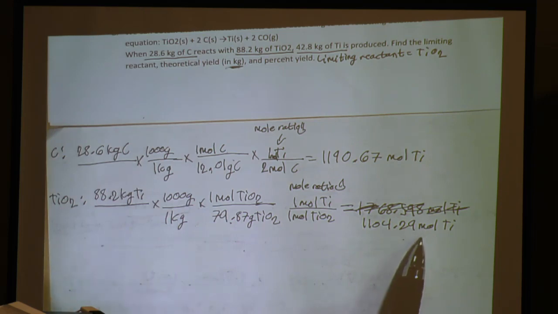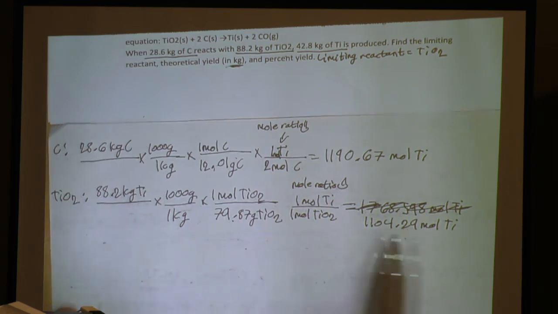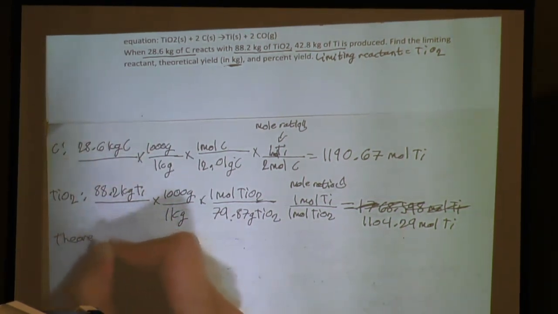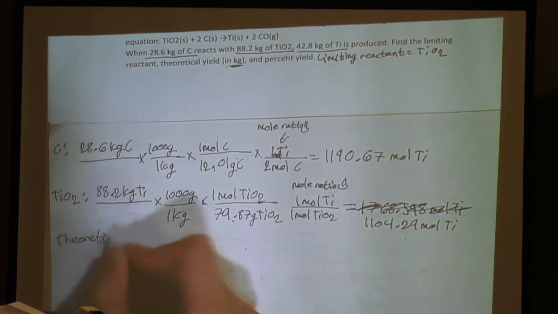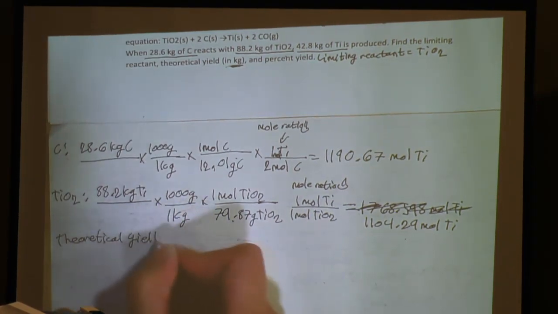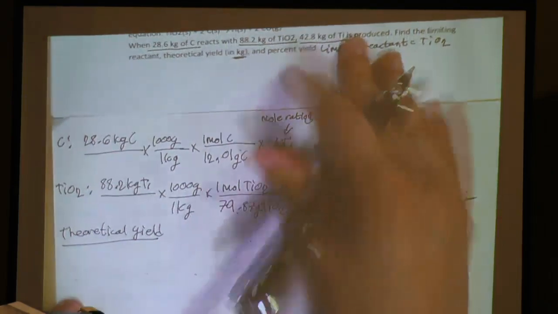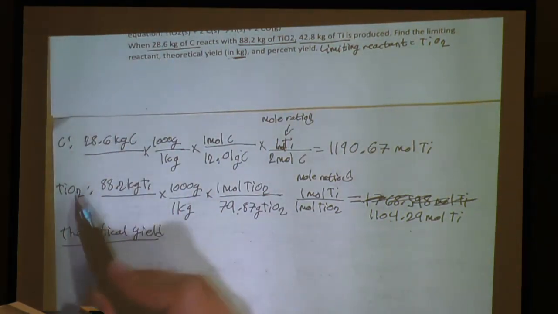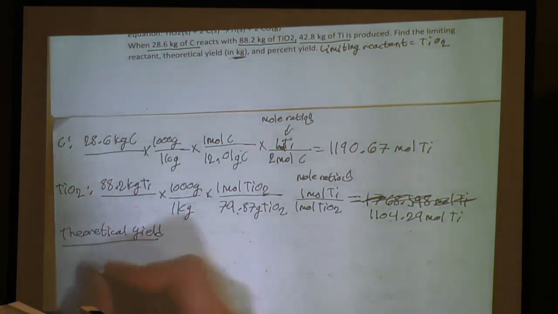So theoretically, the amount that we can make is only going to be what TiO2 can give. So we'll do our theoretical yield here. I'm very bad at spelling, I'm sorry. We're going to use the amount produced from our TiO2 to find our theoretical yield.